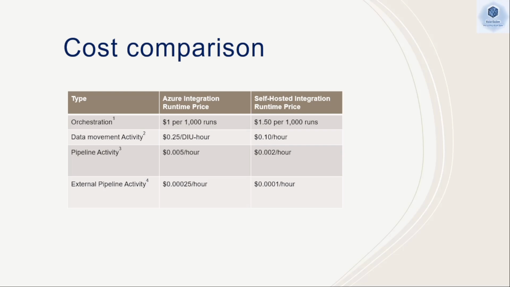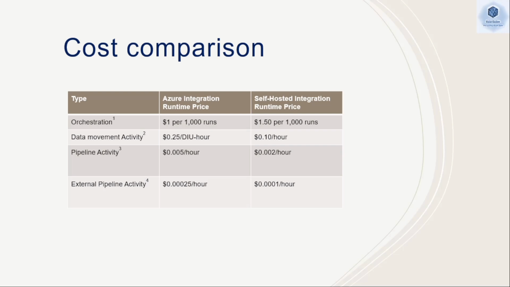Let us see the cost comparison for Azure Auto Resolve Integration Runtime and the self-hosted integration runtime. To perform orchestration, nothing but the activities, you may be charged up to $1 per 1000 runs, and in self-hosted integration runtime it might be $1.5 per 1000 runs.